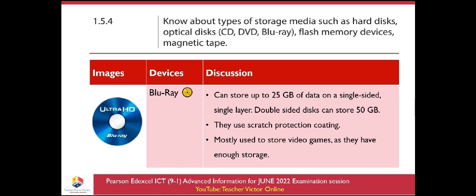All optical media, we know they are prone to some scratch. So for Blu-ray, we use scratch protection, that is coating. We can coat it for scratch protection. Mostly, Blu-rays are used to store video games as they have enough storage.